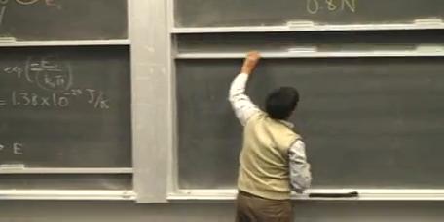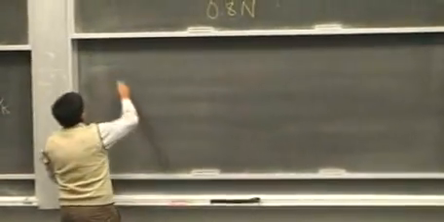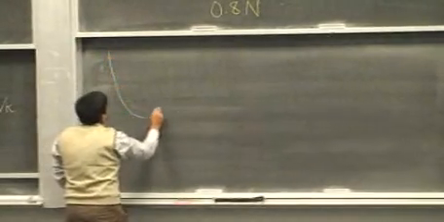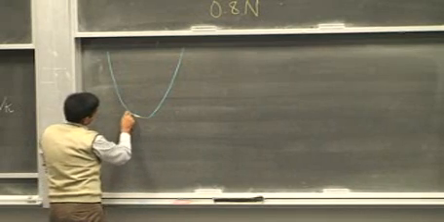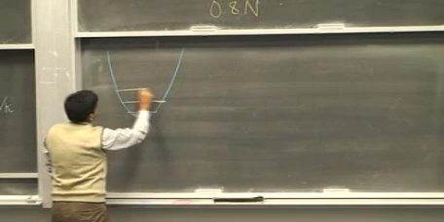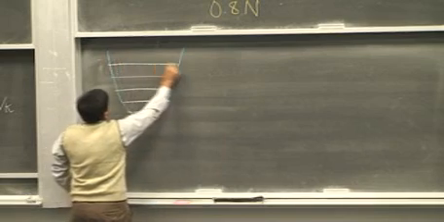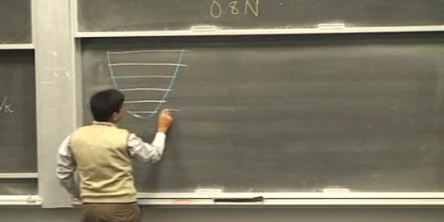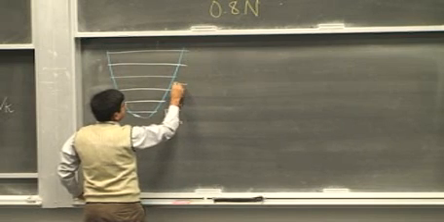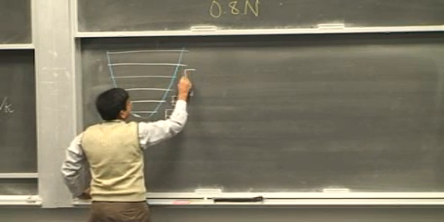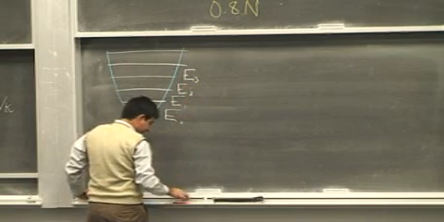You just draw one oscillator. Then you draw the energy levels, E0, E1, E2, E3 and so on.